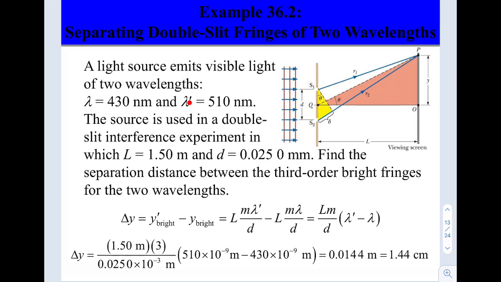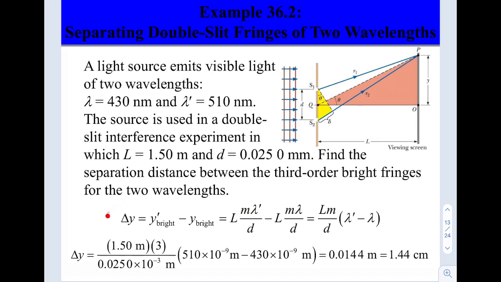So you have two different wavelengths. It is asked about the separation distance between the third order bright fringes of the two wavelengths. So actually you need to calculate one by one: the y for 430 nanometer and the y for 510 nanometer wavelength, with the condition that m must be 3.